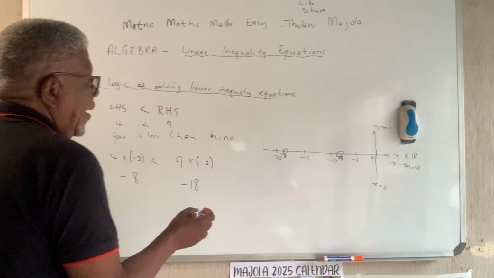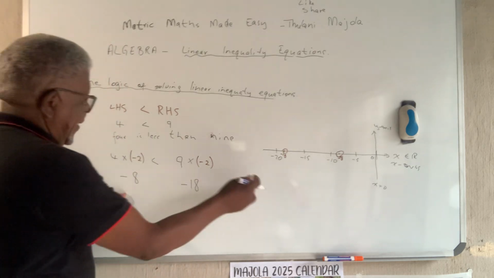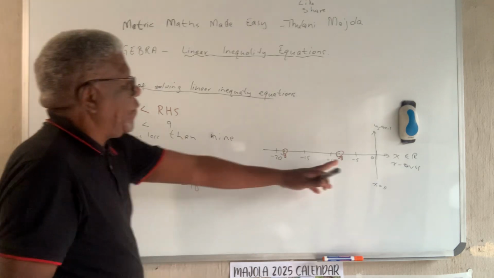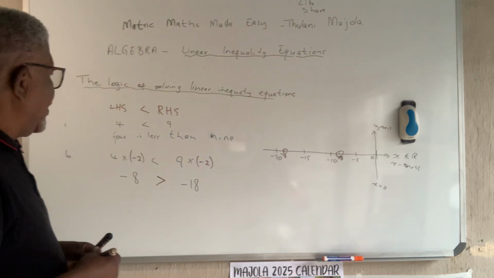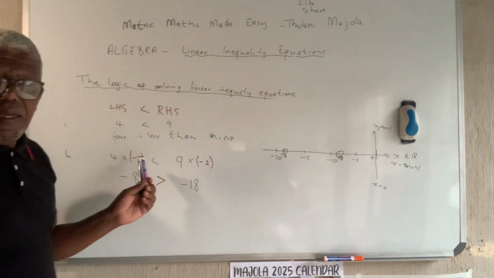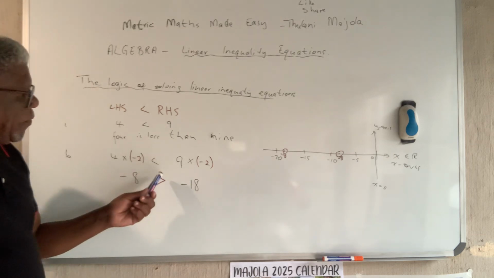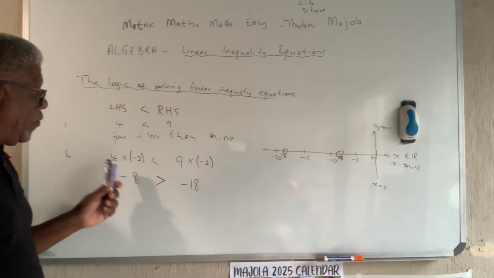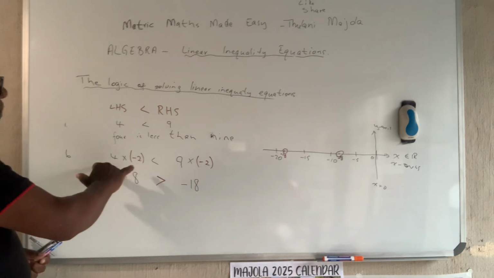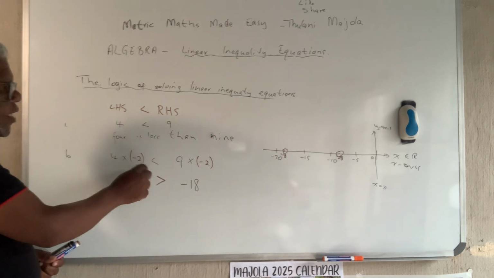So negative 18 is less than negative 8, or negative 8 is now greater than negative 18. So whenever you multiply by a negative, the inequality sign changes. You must always know that when you multiply by a negative, the inequality sign will change from less than to greater than.